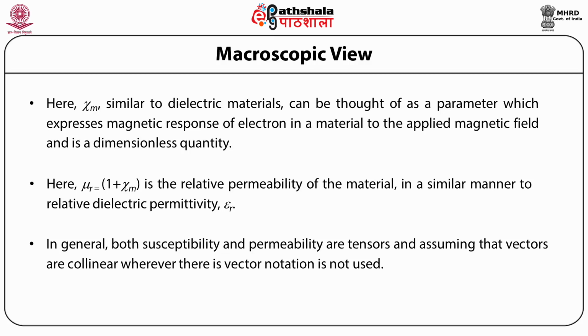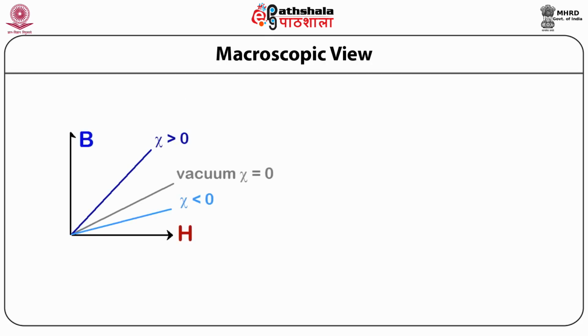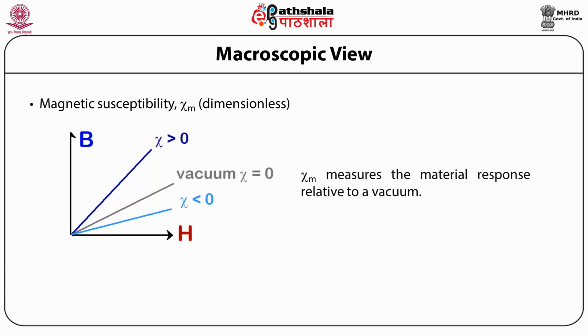Now students, let us discuss the magnetic susceptibility, or chi m. First of all, chi m is a dimensionless quantity. It measures the material response relative to the vacuum. Chi m is nothing but the ratio of magnetization divided by the magnetic field intensity.